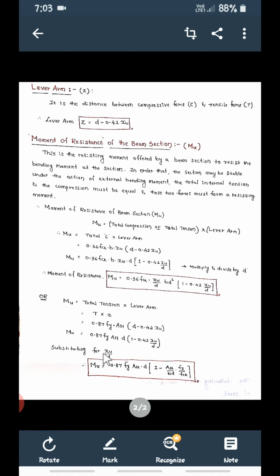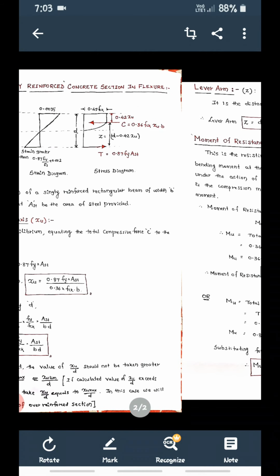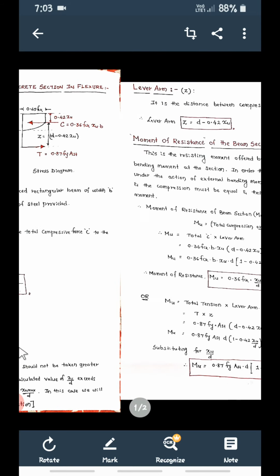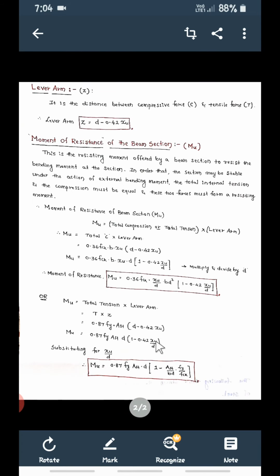So therefore Mu is equal to whatever xu value you have calculated here. You can substitute it in the place of xu.